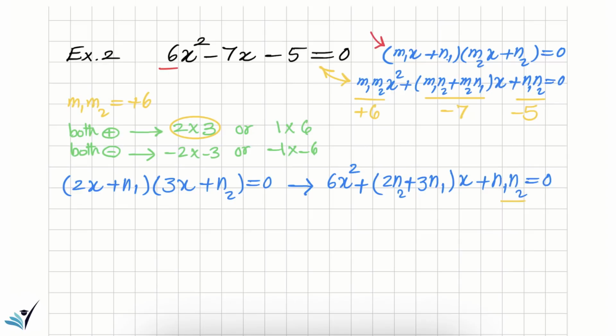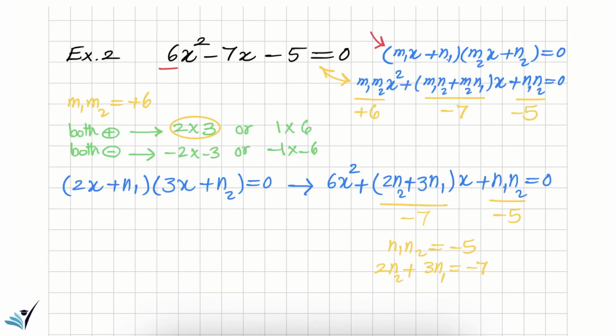And we know that n1 times n2 has to be negative 5, and 2n2 plus 3n1 has to be negative 7. So we need to try different pairs of numbers that their multiplication n1 times n2 is negative 5, and also satisfy this equation 2n2 plus 3n1 equals negative 7.